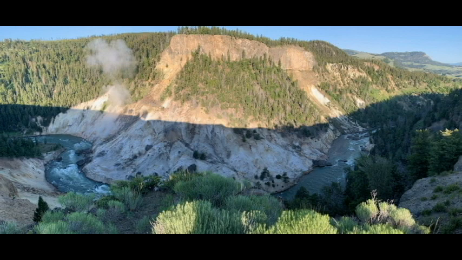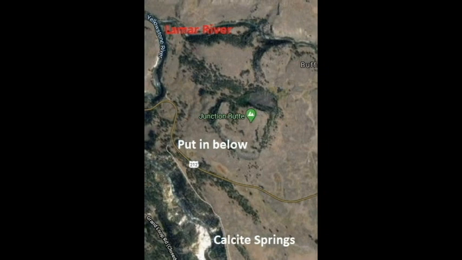Well, to do this, we look at all the warm water features along the Yellowstone River and the lake. There's a number of them. But the last one, as the river flows, is Calcite Springs. Calcite Springs is where all the warm waters halt on the Yellowstone River. From there, we'll take the river into the canyon down. Not far, but too far to walk.